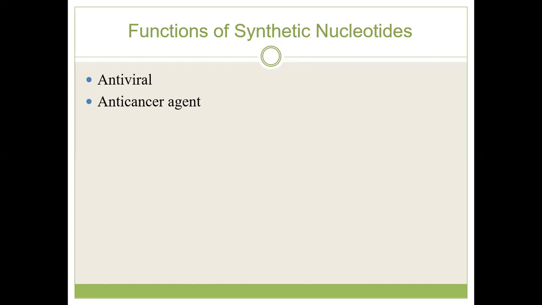So the enzyme, the reverse transcriptase, will pick this lamivudine, thinking that it is cytidine, in order to synthesize a DNA from viral RNA. In picking this lamivudine, it will bind to the enzyme's active site and block the enzyme, so that the DNA will not be produced from the viral RNA.